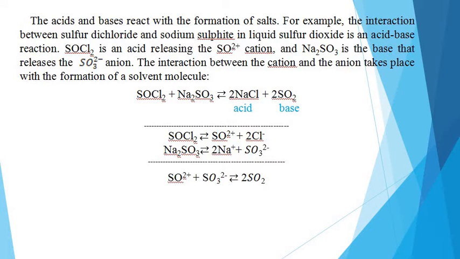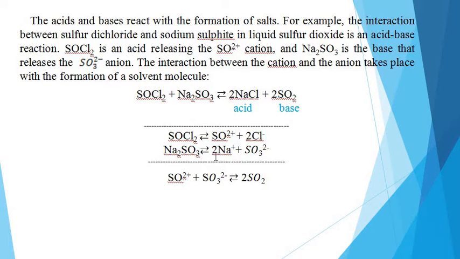For example, the interaction between sulfur dichloride and sodium sulfate in liquid sulfur dioxide is an acid-base reaction.